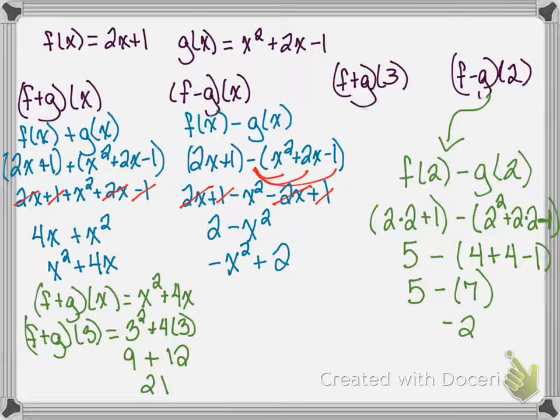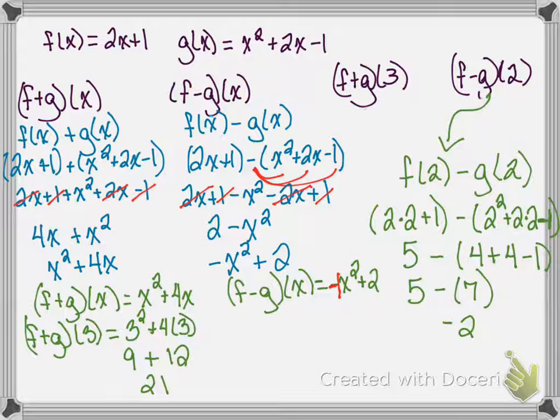Now, again, I have that f minus g of x is negative x squared plus 2. So I could go ahead and plug that in. Be very careful here because this negative will make people crazy. You've got to raise that negative number to the second power before you deal with that negative 1.